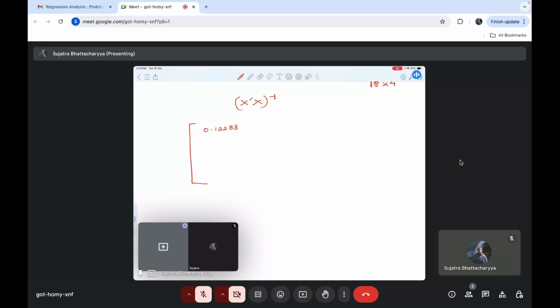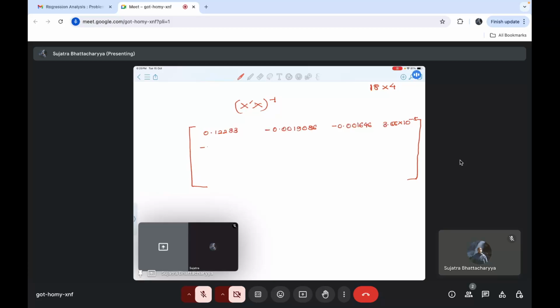As many decimal places as you can give, so that you get the accurate answer. 0.01986. Next is minus 0.001646, and finally 3.56 into 10 to the power minus 5. This is how the first row of the inverse looks.